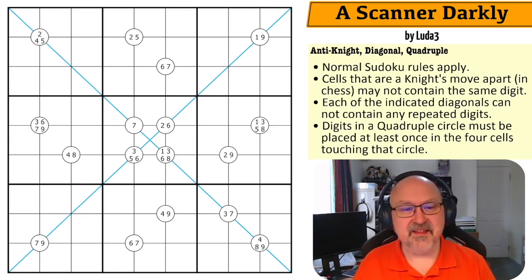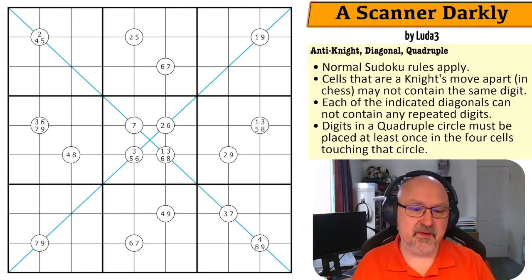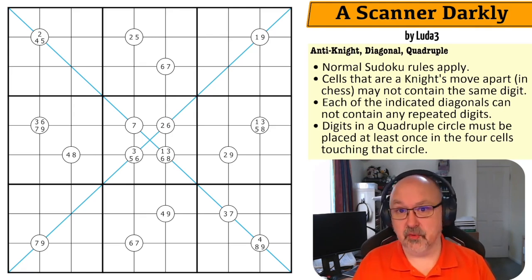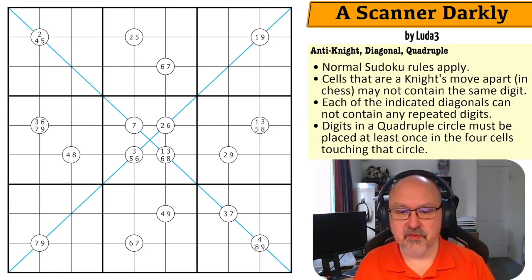I don't know. Let's have a look at the puzzle, shall we? This is A Scanner Darkly by Luda 3. So this has a couple of my favorite constraints in it. The diagonal constraint was the first ever constraint I explored when I got into setting, and the quadruple constraint was one of the others. So this will be quite interesting.